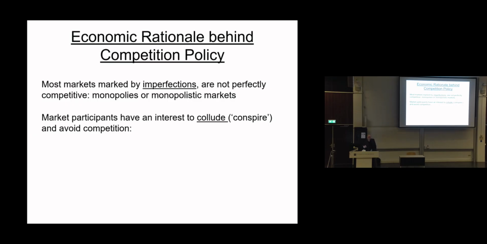In reality, businesses can have power. For example, they can also decide to work together, to collude, to conspire in order to avoid competition.